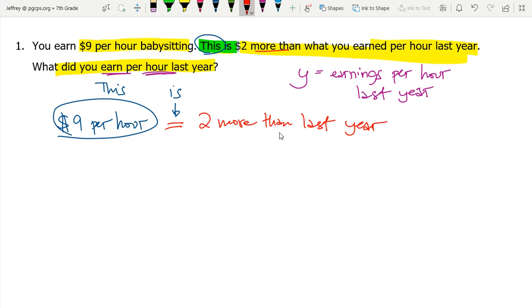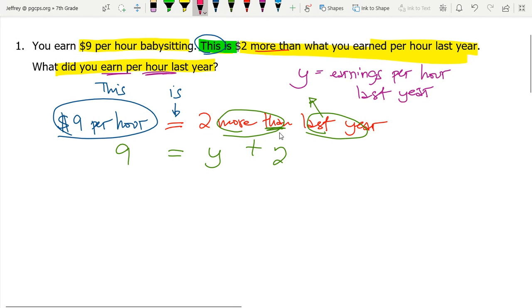When you say more than, it means we're going to add. You're adding 2 to last year. So last year is represented by y. So 2 is added to y, which results in $9. So our equation is $9 is equal to your earnings from last year, add $2.